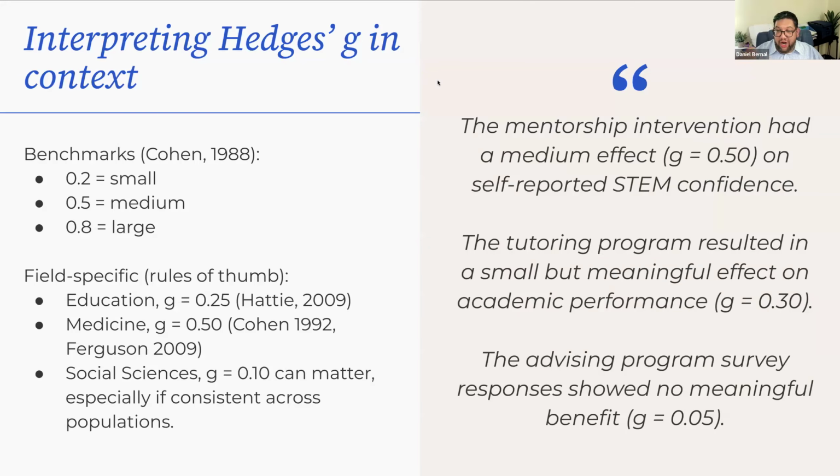Similarly, regardless of what number you get for your effect size, as long as your calculations are accurate, that says something about the data that you're observing. So it's important to put any number that you get when you're doing this kind of calculation into that context.